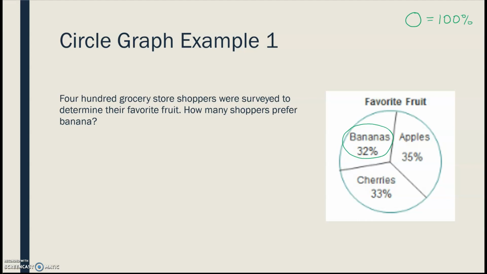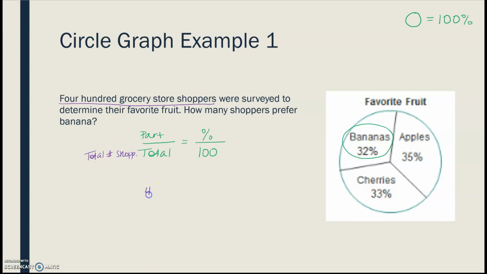Percent means I need to set up a proportion. When we did our percent proportion, we knew that our percent always goes over 100, and then we have our part, whatever that percent represents, over our total. In this case, it tells us that 400 grocery shoppers were surveyed, so that's the total number of shoppers.